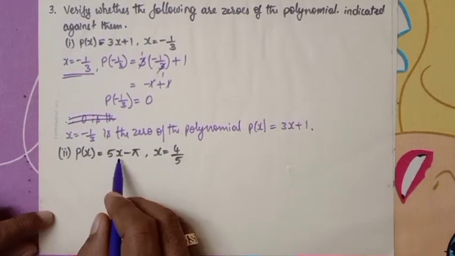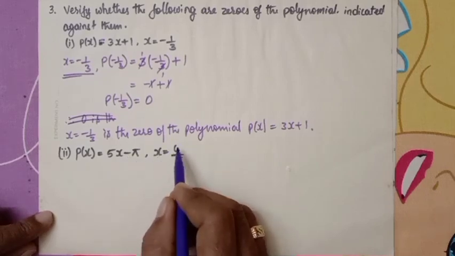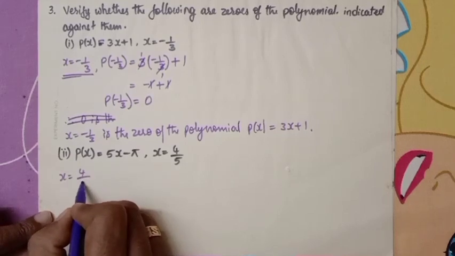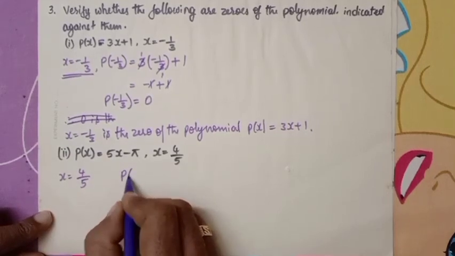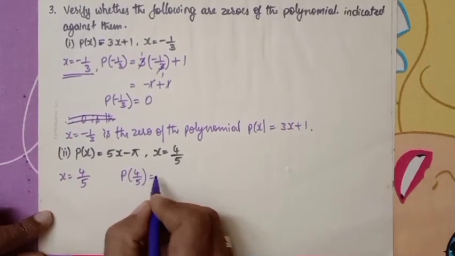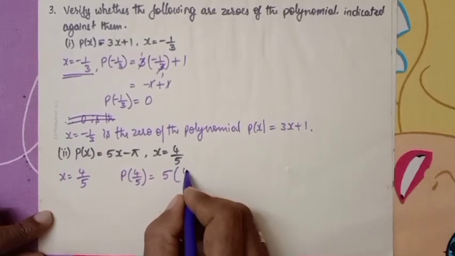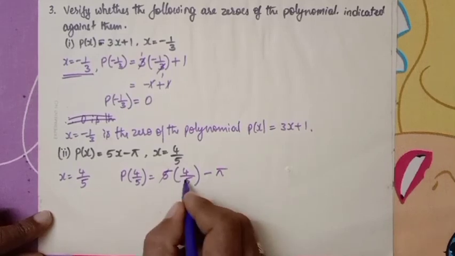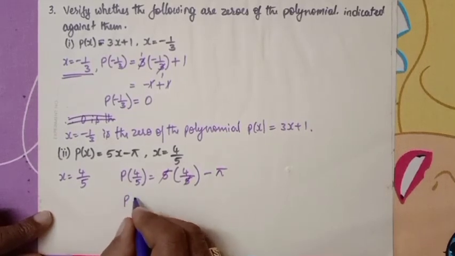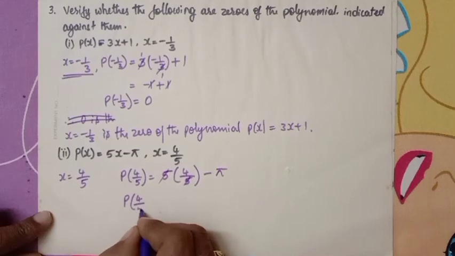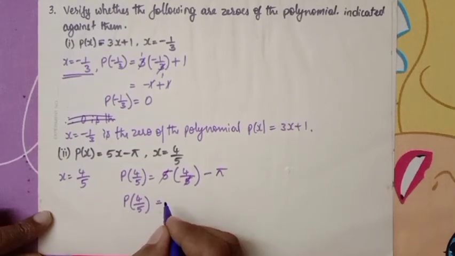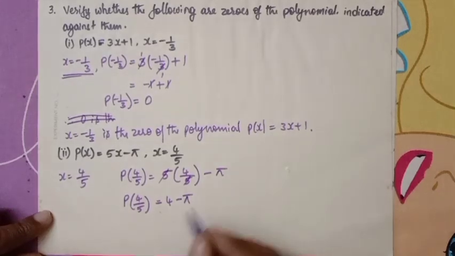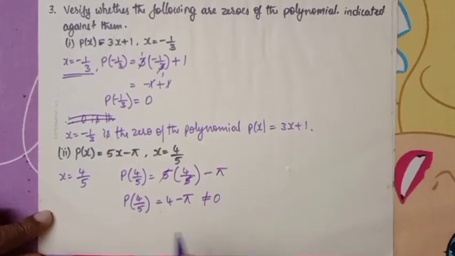Let's take the second problem. P of x is equal to 5x minus pi, x is equal to 4 by 5. So P of 4 by 5 is equal to 5 into 4 by 5 minus pi. Here 5 cancels. So P of 4 by 5 is equal to 4 minus pi, which is not equal to 0.